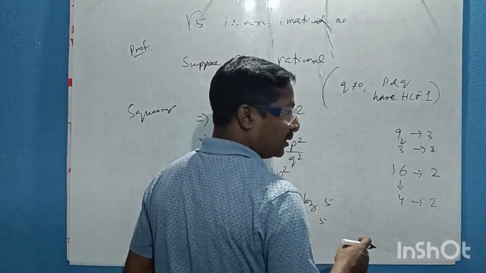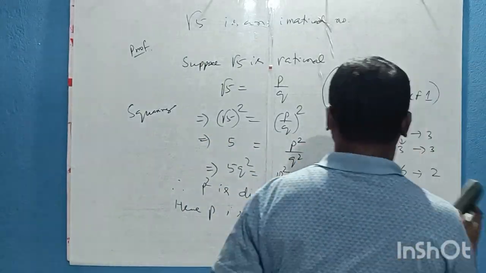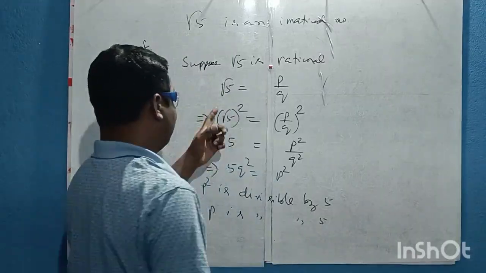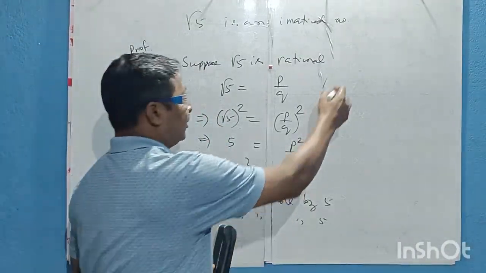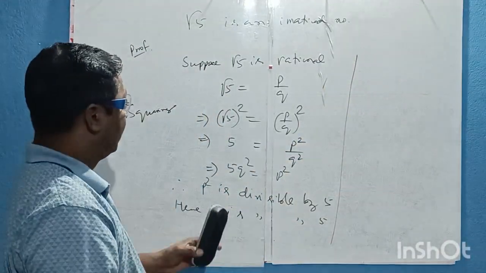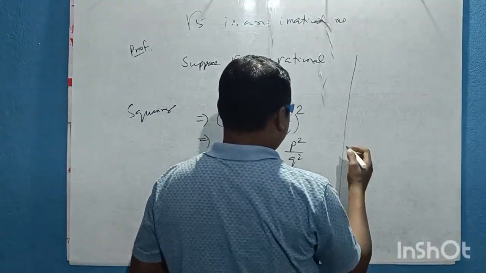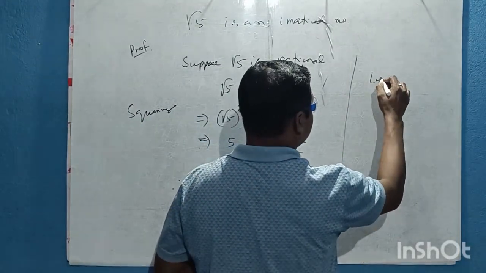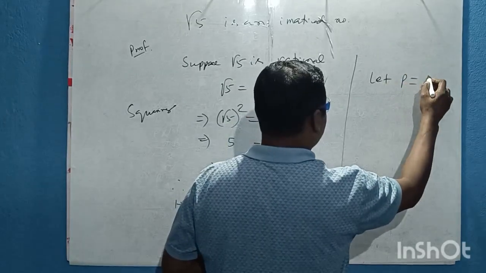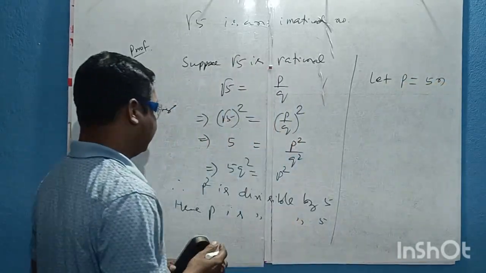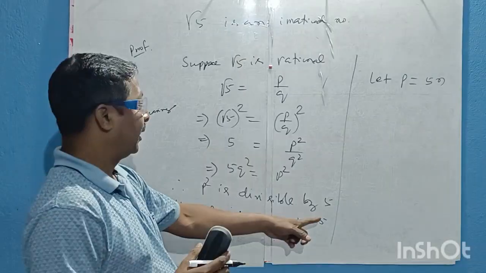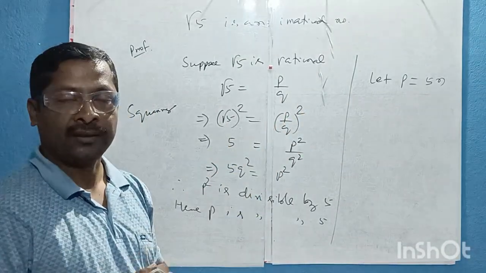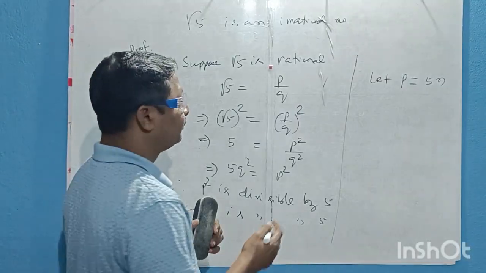Let's come to the next step. So remember the steps, what I am writing step by step. If p is divisible by 5, I can write let p equal to 5n, where n is a natural number.